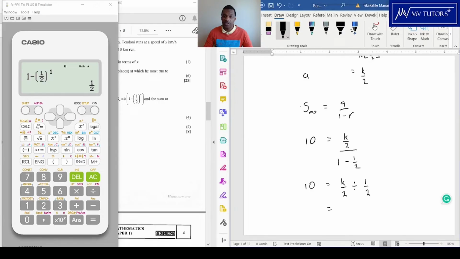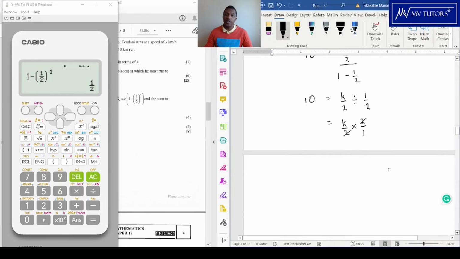To change this division to a multiplication, k over 2 times, we do the reciprocal of the next fraction, which becomes 2 over 1. The 2's cancel, and therefore I'm left with k is equal to 10.